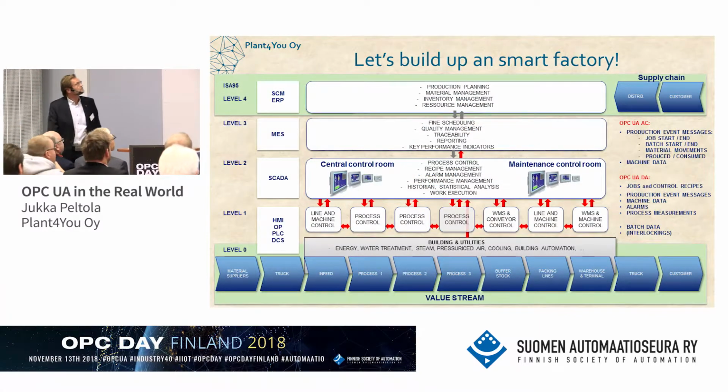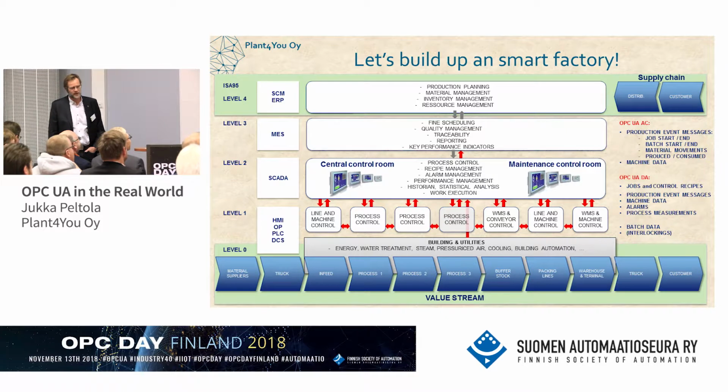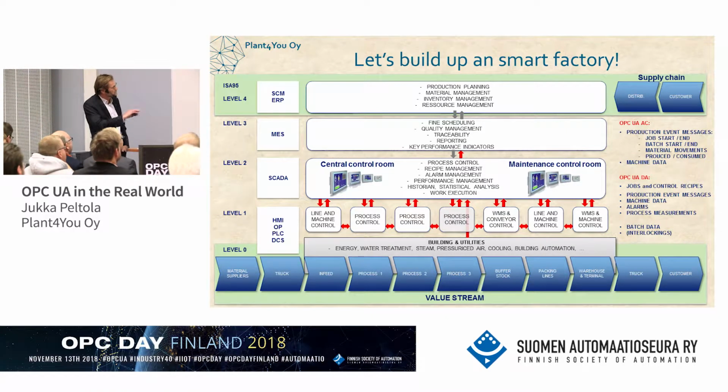Okay, let's build up a smart factory first. We have the value stream, how the value is added for the owner of the company, and of course it is controlled by an information flow coming backwards from customers, and how these are then managed and how they control the plant in the value stream.